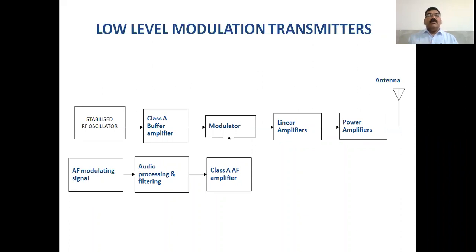But what we listen to, what we hear, the audio signal, is 20 hertz to 20 kilohertz. If you have any audio instrument, that can go beyond 3.4 kilohertz. So 20 hertz to 20 kilohertz is the range given here.